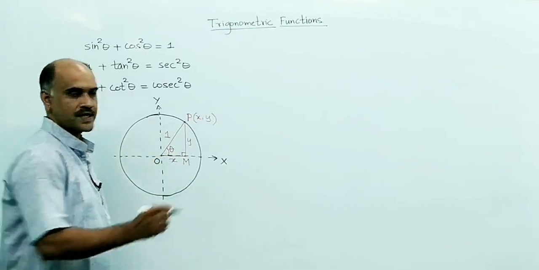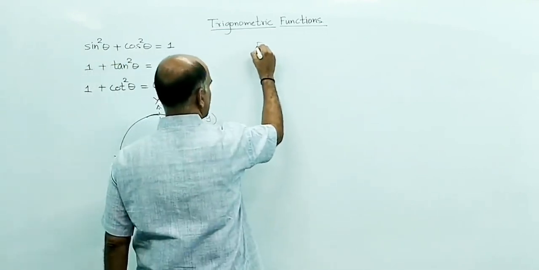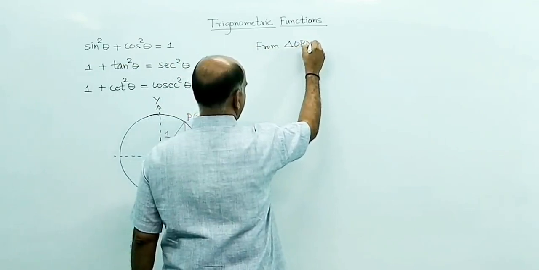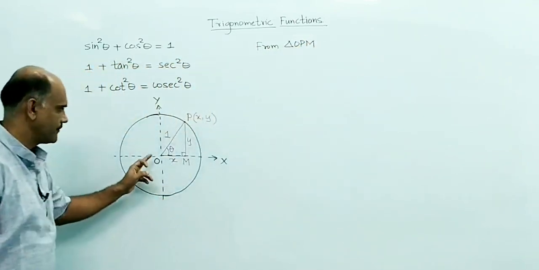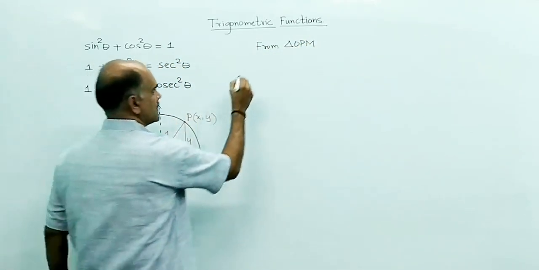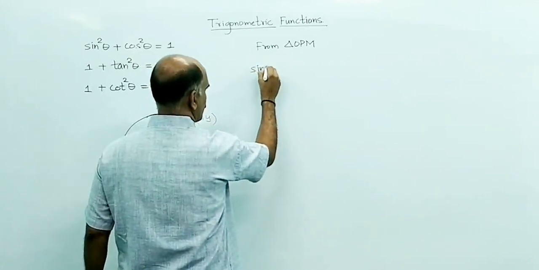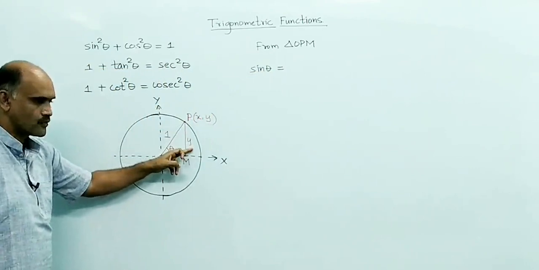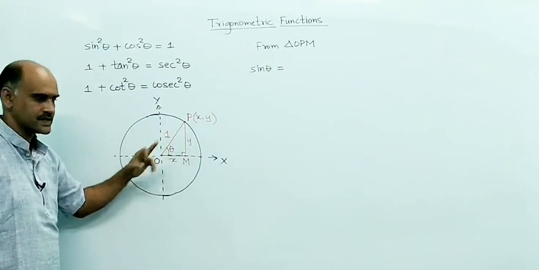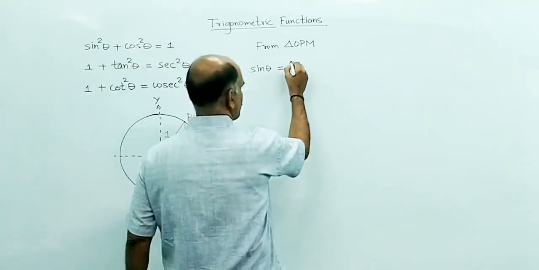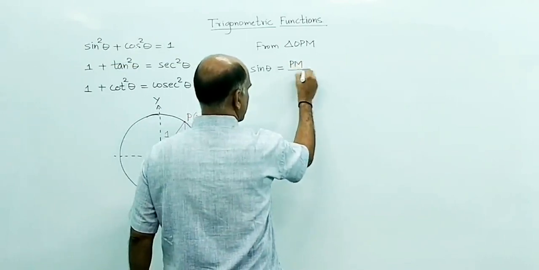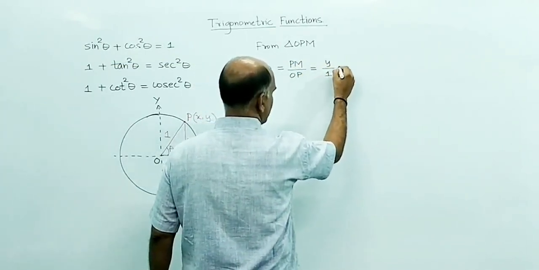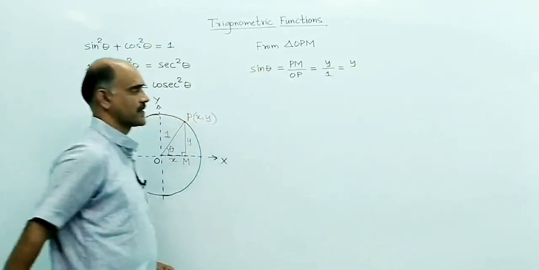Now from triangle OPM, sin theta is equal to opposite by hypotenuse, that is PM by OP, and that is equal to y by 1, or you can say y.